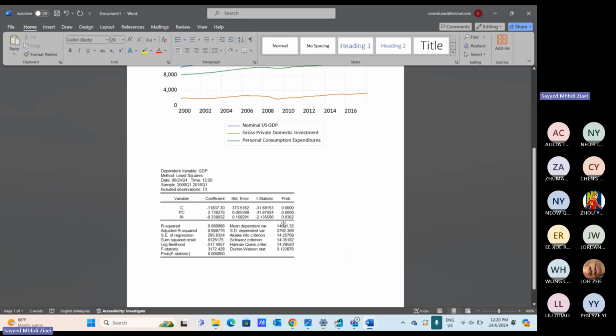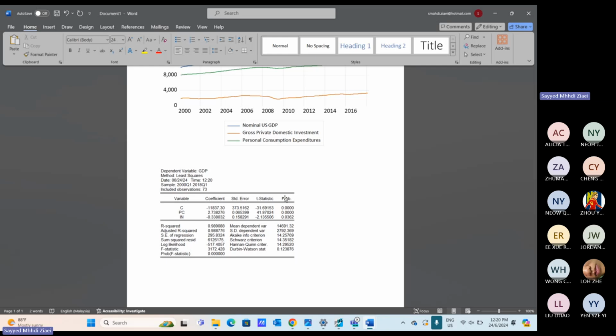So all coefficients are significant because the p-value is less than 5%. So there is a meaningful relationship between private consumption and GDP and investment and GDP, because the p-value is less than 5%. So we can reject the null hypothesis.